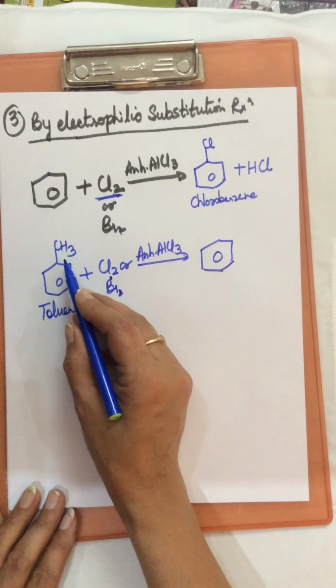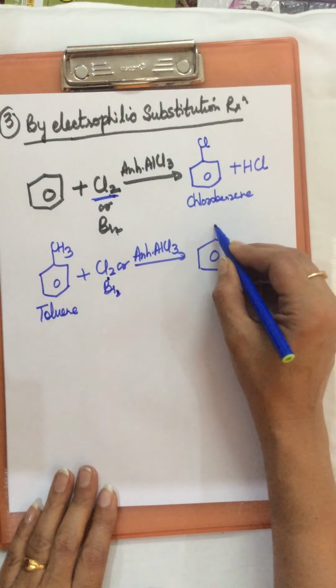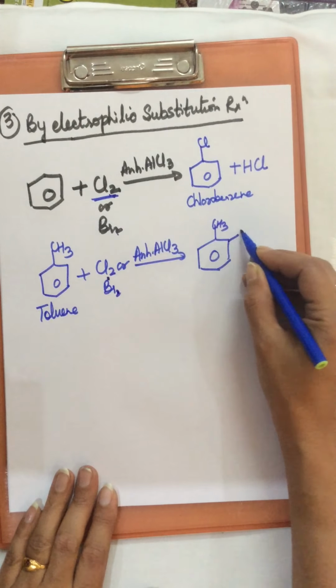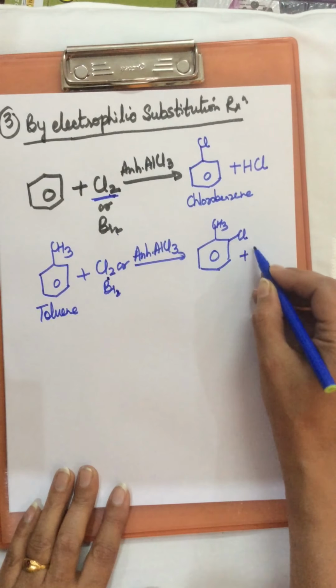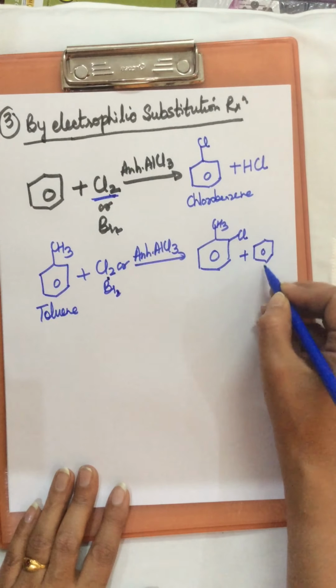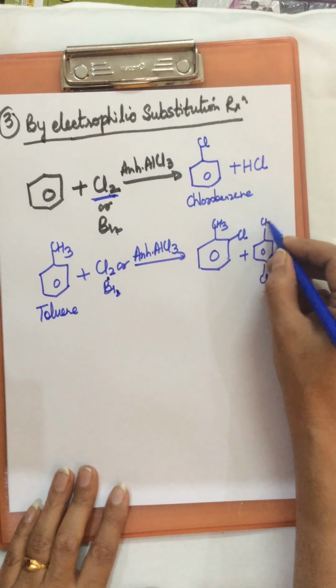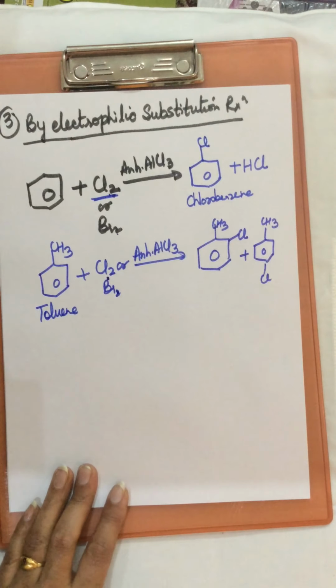CH3, since it is ortho para directing, this electrophile will link at the ortho position plus it will link at the para position. So we're getting these two compounds.